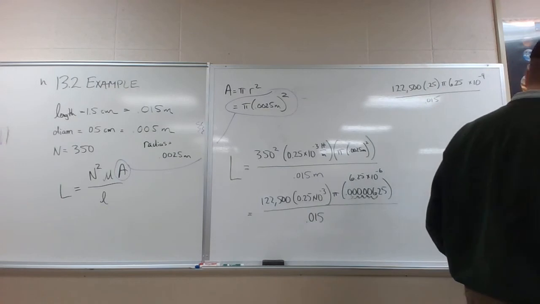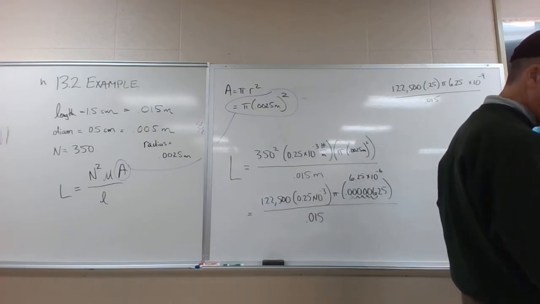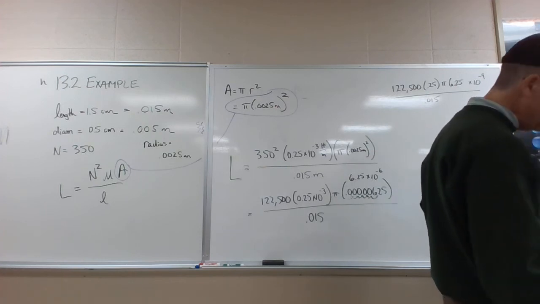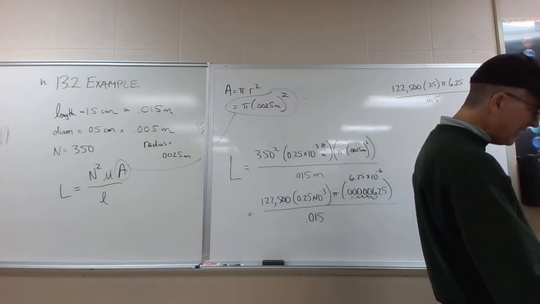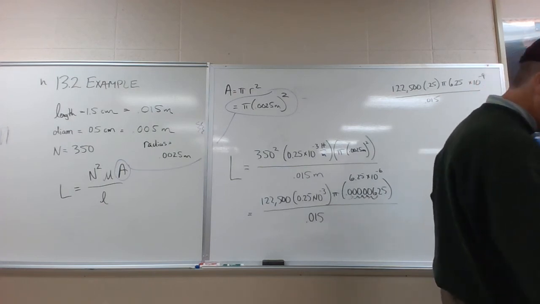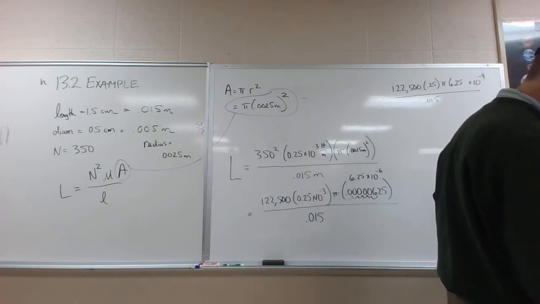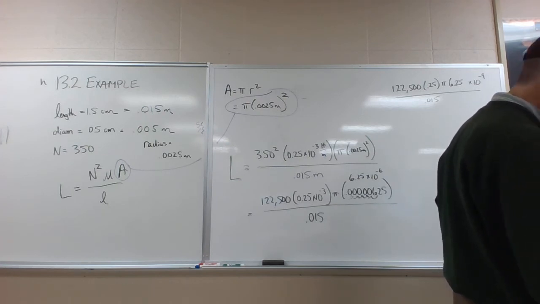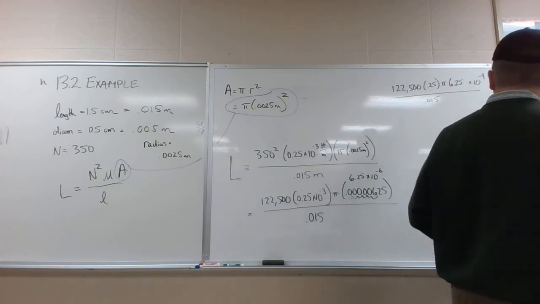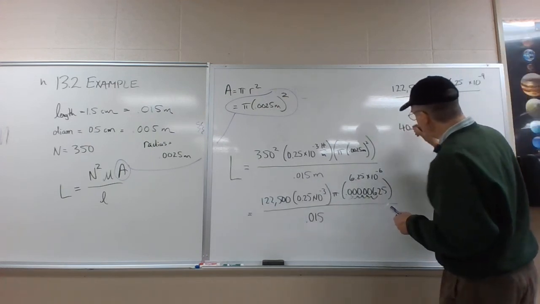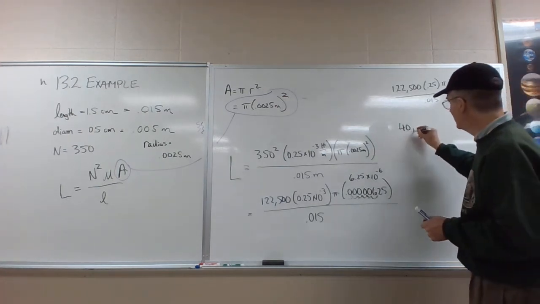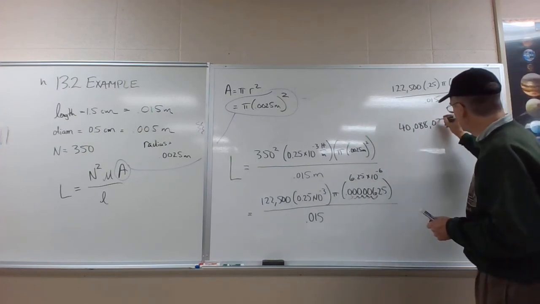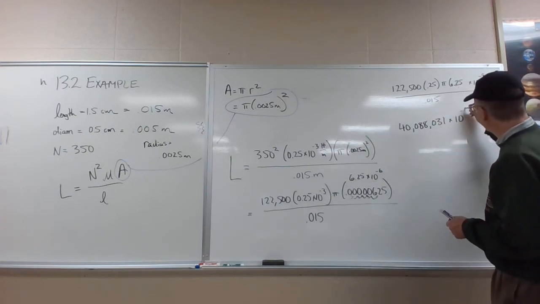So try it out. Hope I don't screw it up. 122,500 times 0.25 times, where's pi on this calculator? Pi times 6.25 equals divided by 0.015. Good. So I got 40,088,031 times 10 to the -9.